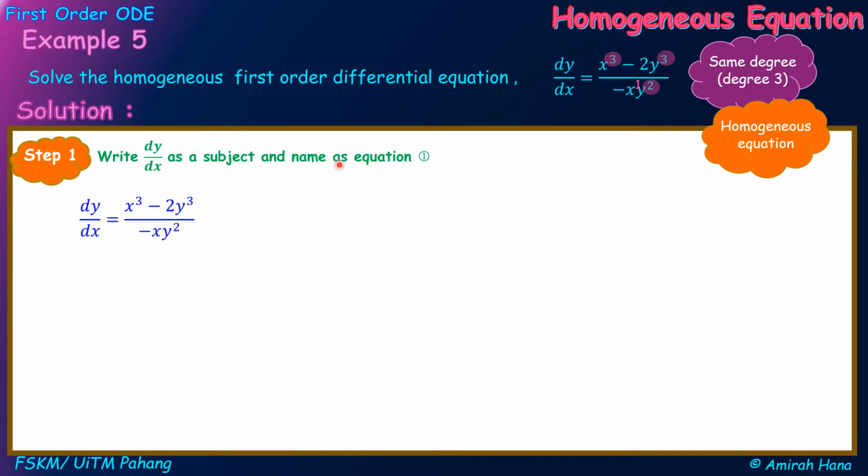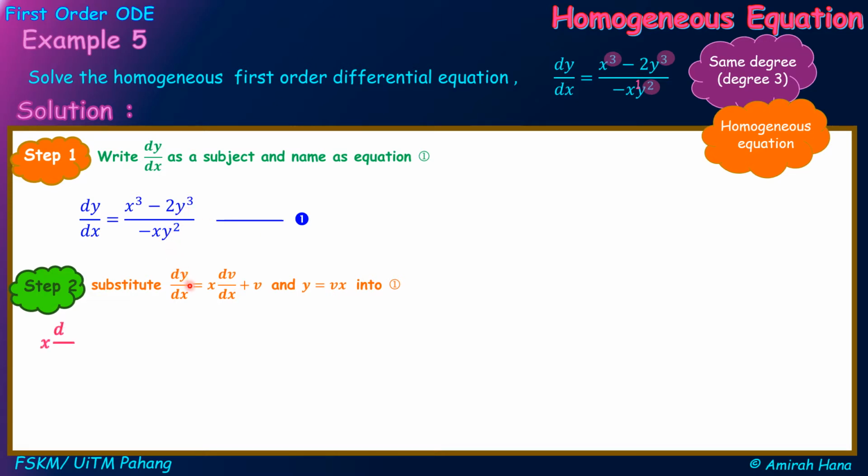So we can name it equation 1. Then we continue with step 2. Substitute dy over dx equals x dv over dx plus v and y equals vx into equation 1 here. After we substitute, we get this.